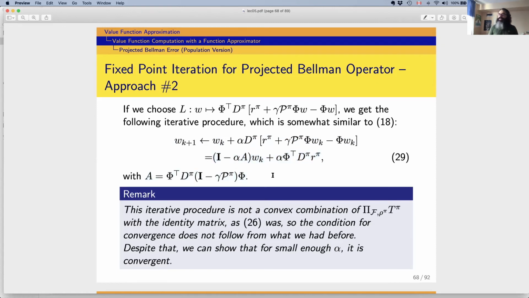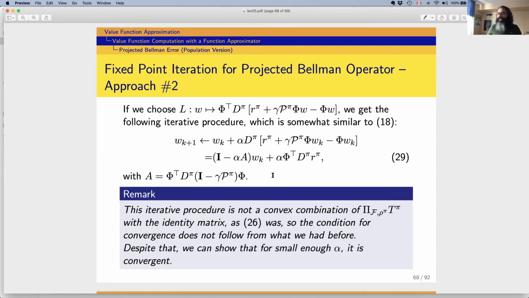This is not exactly like a convex combination of projected Bellman operator and identity matrix. In the previous case, it was the case, and we showed that if we had this convex combination of them, we still maintain the contraction property. We used a simple argument there.